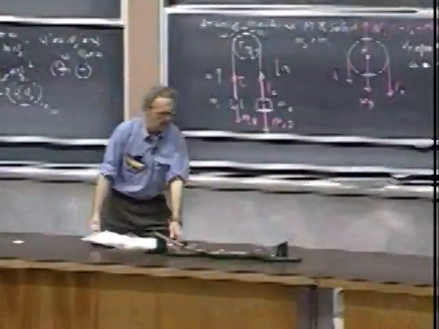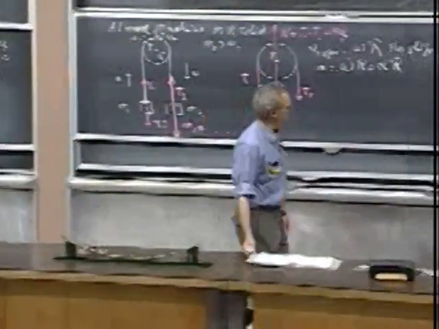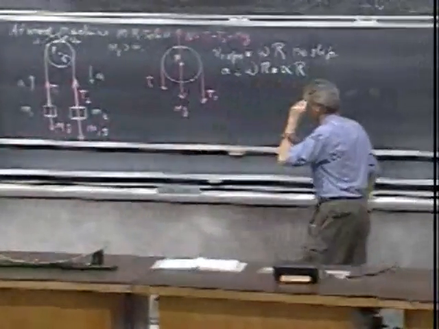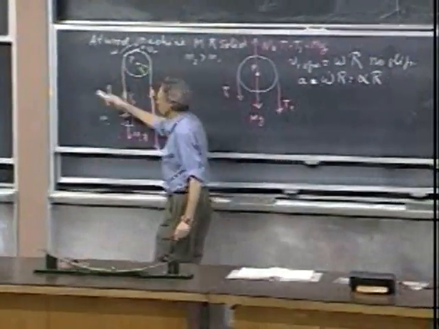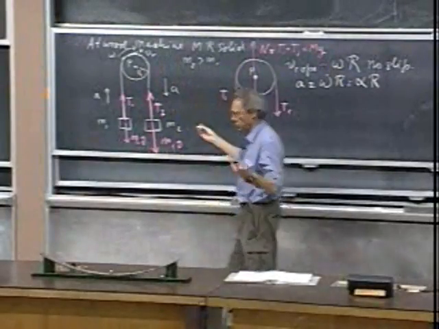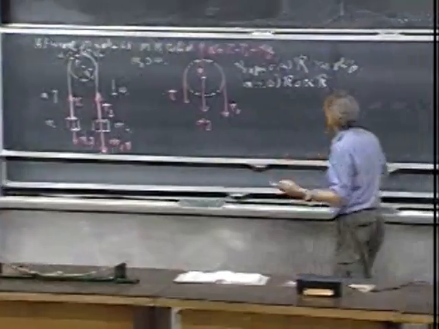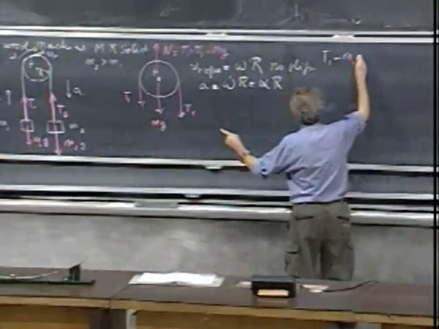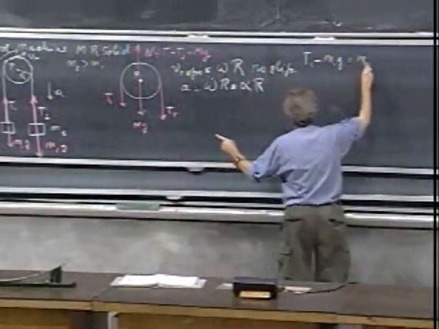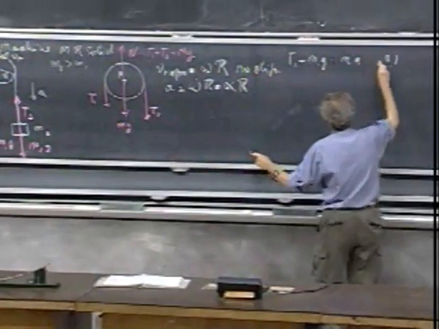So let's now start at object number 1 and write down Newton's second law. I call this the positive direction for object 1, and I call this the positive direction for object 2. Just easier for me. So we get T1 minus M1G must be M1A. One equation.